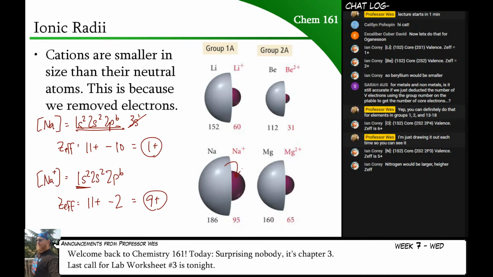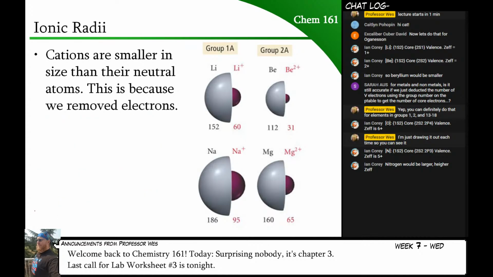But you can see that, okay, well, Z effective is bigger. This must be smaller relative to the original size it had. And sure enough, it is. So the trend that we observe is that cations get way smaller when you strip away electrons. Not only are you removing a valence shell completely, but the electrons that remain feel a much higher Z effective.